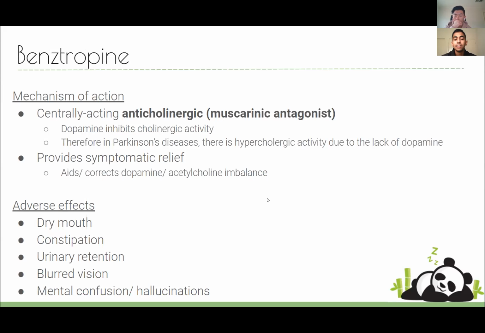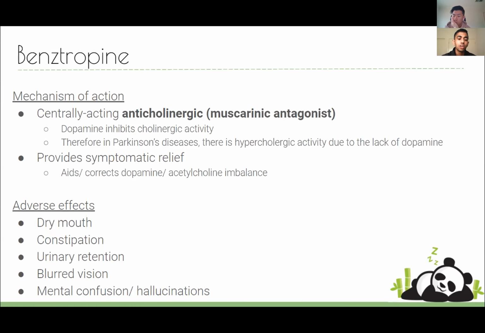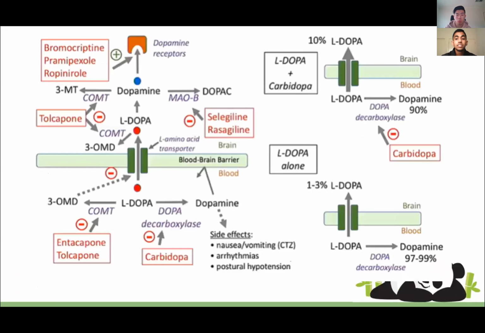But the side effects of that are our muscarinic sludge, so our dry mouth, our constipation, our urinary retention, and our blurred vision, which are all really, really common with all anticholinergics, all muscarinic antagonists. So this one's not as hard to learn, I think. But these are mainly for symptomatic relief. This is a diagram to highlight all of what I've just said, if you like visual formats.